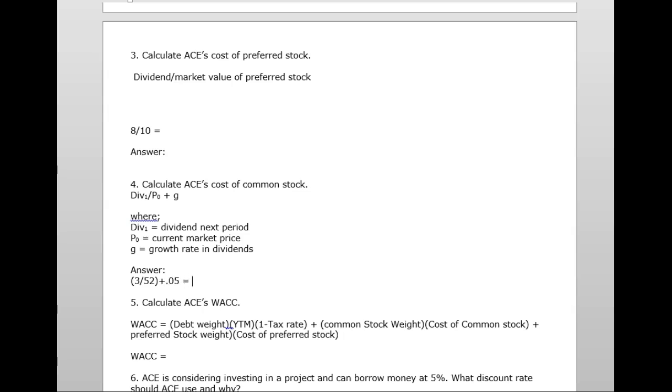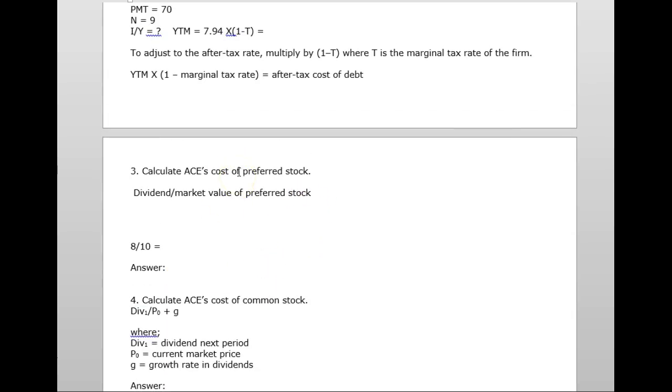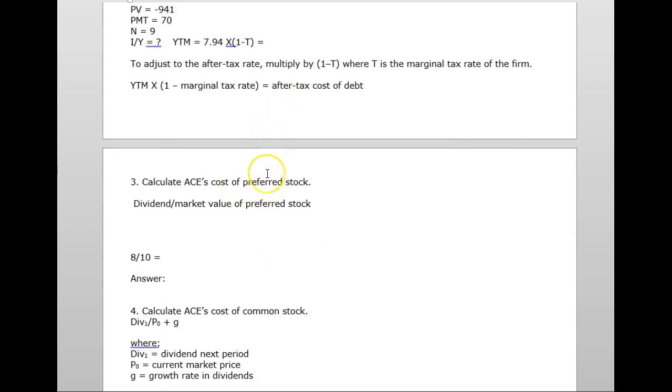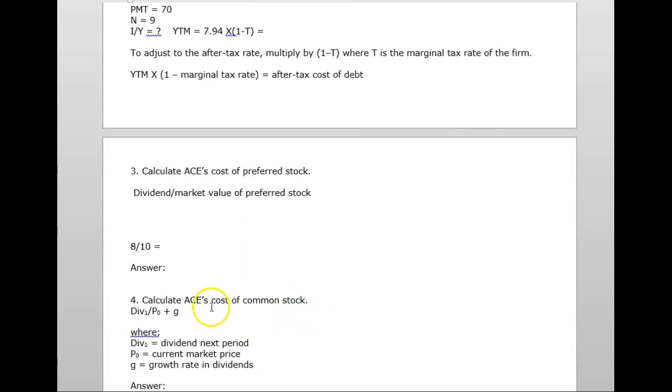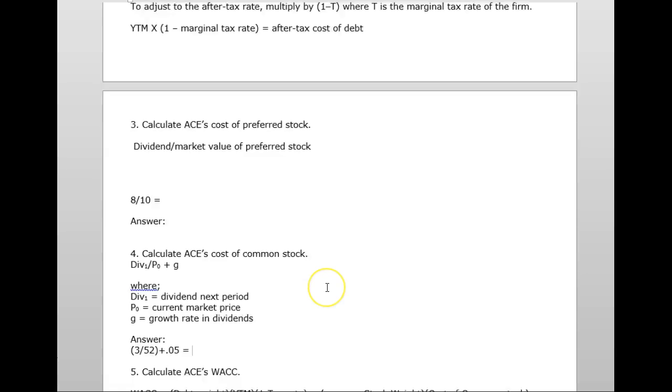And that's going to equal your cost of common stock. So now you have the cost of common stock, you have the cost of preferred stock, and you have the after-tax cost of debt. So you're figuring cost of debt, cost of preferred stock, and cost of common.